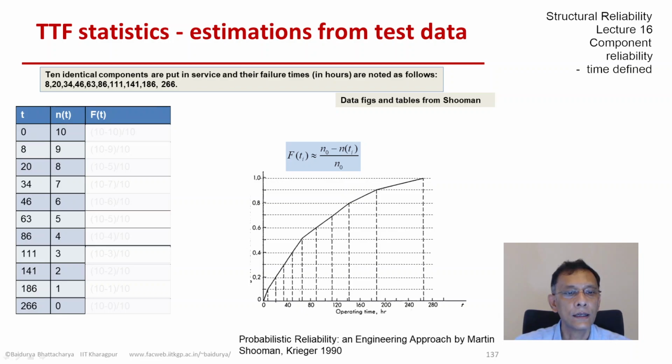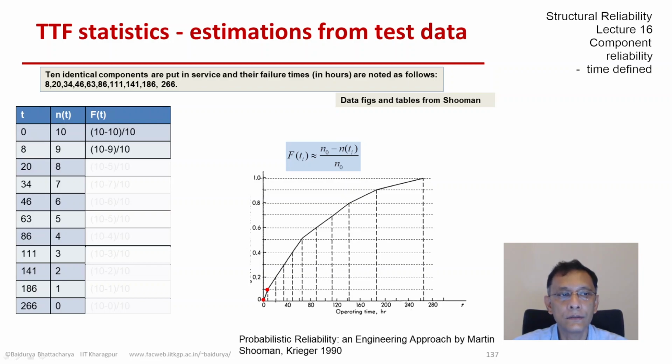So at t equals 0, there is no failed element, so the CDF is 10 minus 10 over 10. The value is 0, and that's the red point that you see. The next is at 8 hours of time. So we have one failure.